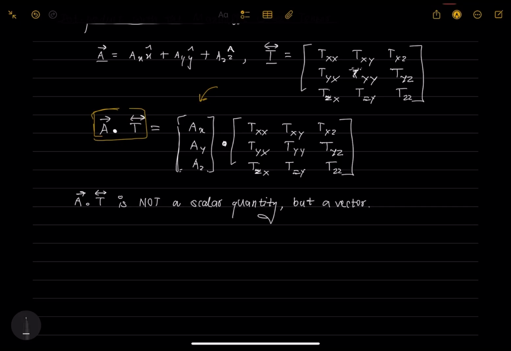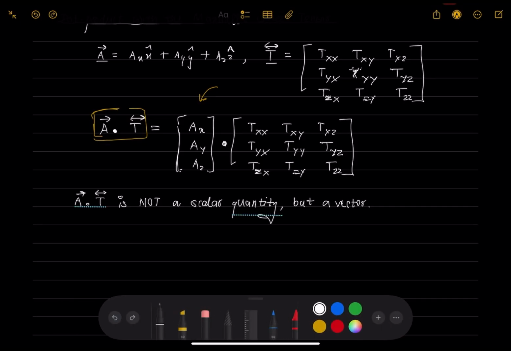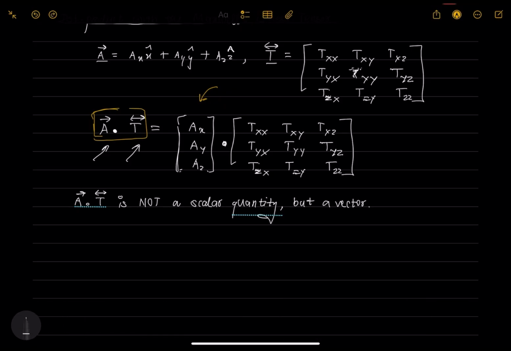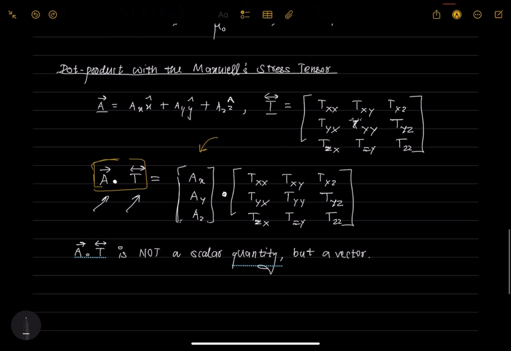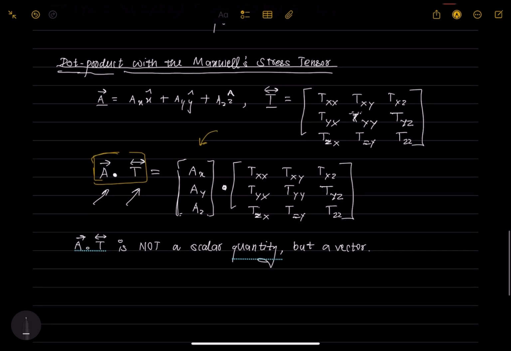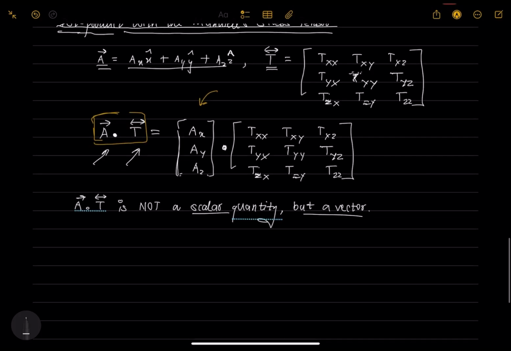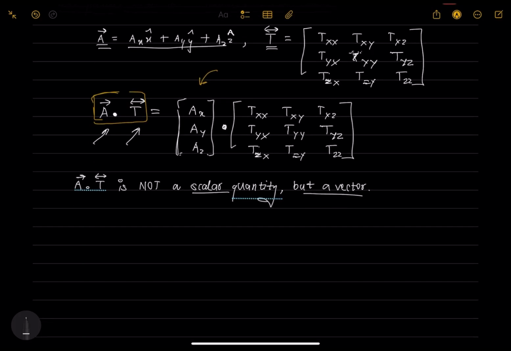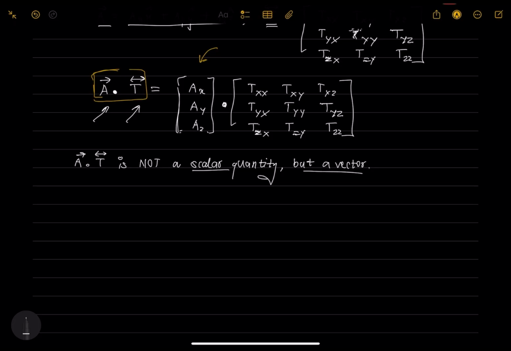This is one of the things that's different from a regular vector to vector dot product. A vector to a tensor dot product is actually going to yield another vector. We'll see how that is defined in a while, but we need to digest this in order to go further with our notation. So that's what I wanted to tell about the dot product with the Maxwell stress tensor: it does not yield a scalar quantity but a vector quantity. And how is this vector defined? Well, let me talk about how one particular component of this is defined.